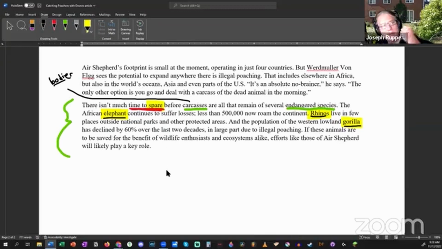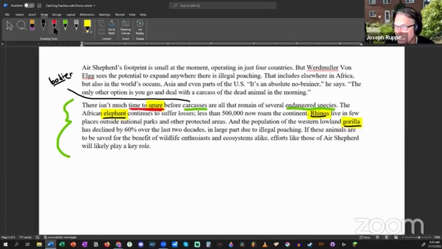So the word spare means extra. If you think about the back of your car, you may have a spare tire. You have a wheel with an extra tire.